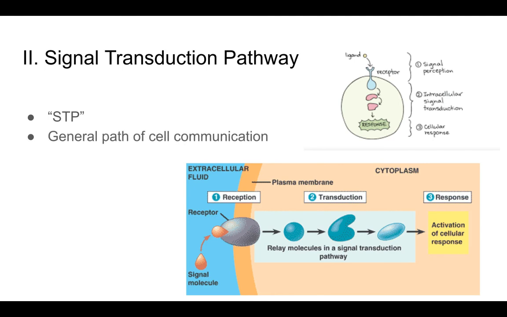And really, it's a generalized path of cell communication. So this is, in general, what happens as the ligand binds to a receptor somewhere and eventually causes some kind of response. The signal transduction pathway is broken down into 3 steps.